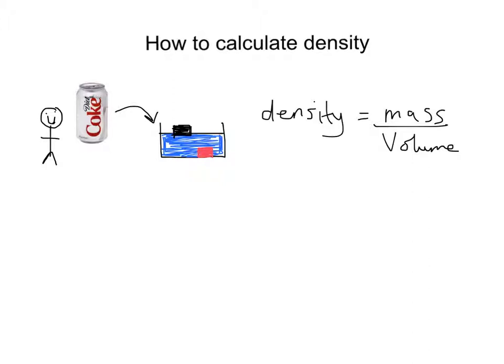And if we put some units to this, density is measured in grams per centimetre cubed. The mass has units of grams, and the volume, as you might guess from the density units, is centimetre cubed. We can use letters to represent this formula, almost like a shorthand version. So we can say that D for density is equal to M divided by V.